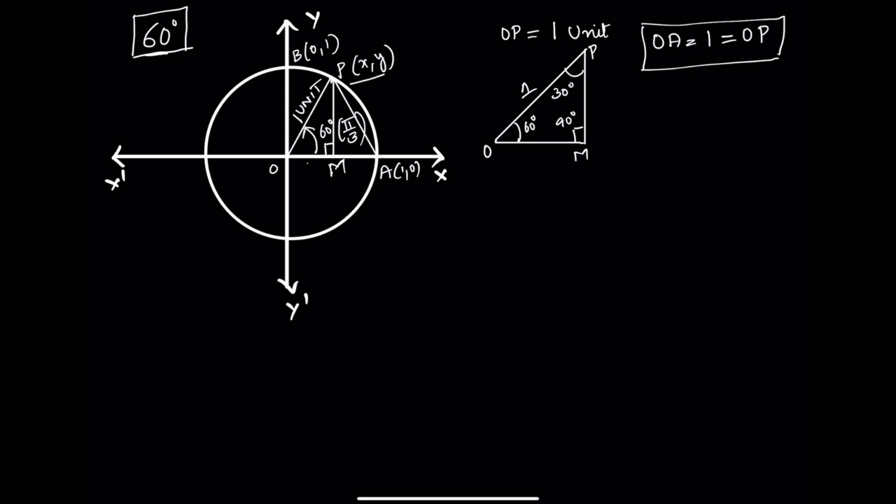So the information that we have is OP and OA are equal. That means the angle formed at P and the angle formed at A will be equal because both are 1 unit. I hope that makes sense.